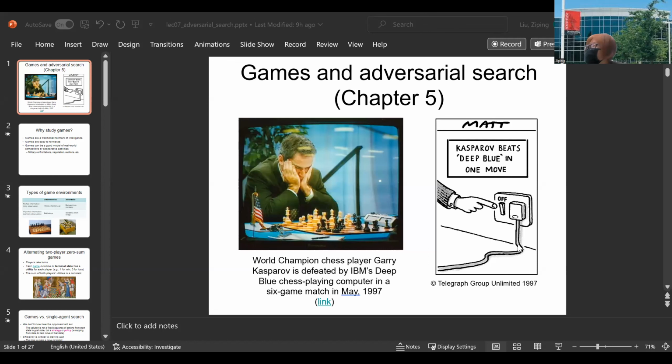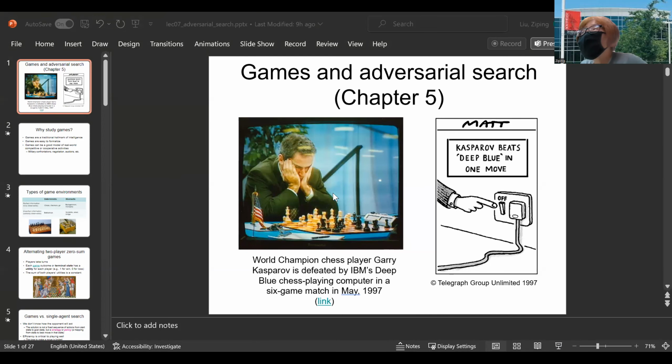So we will move to chapter 5. All the previous discussion is about chapter 3. Chapter 5 is regarding games and adversarial search.